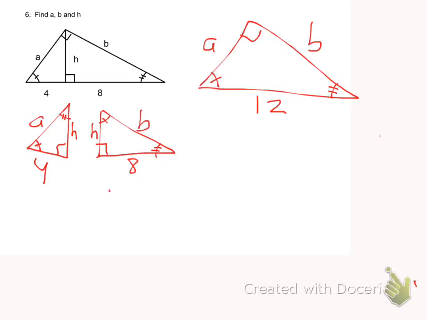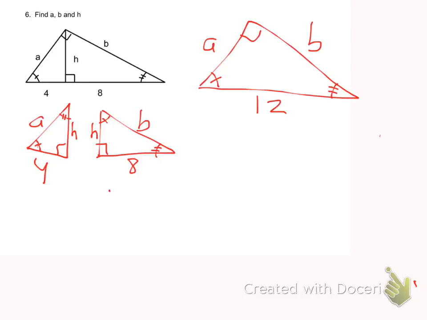So we could set up three different ratios which have three different scale factors because they have different sizes. And our job then is to find ones that give us the ability to solve for A, B, and H.